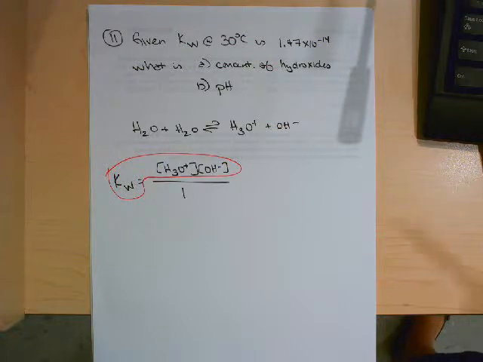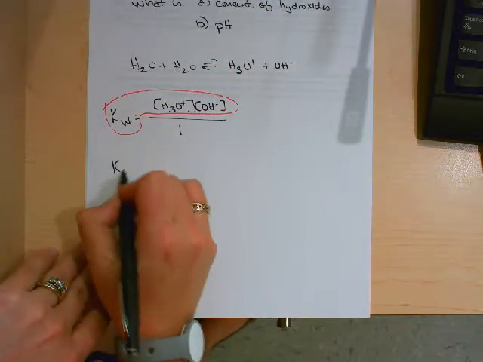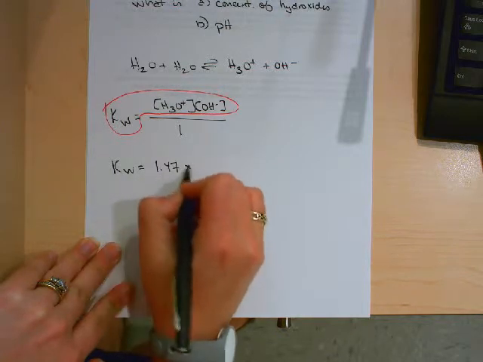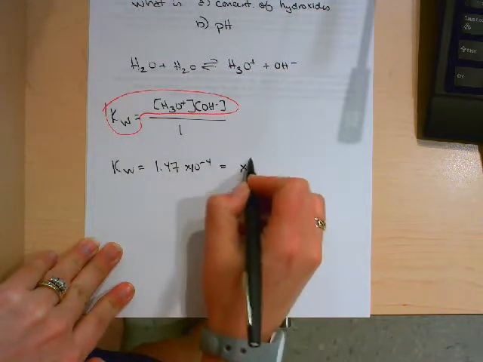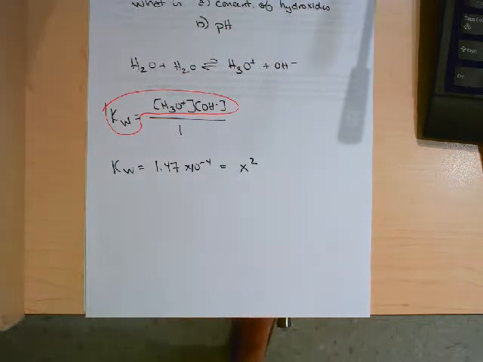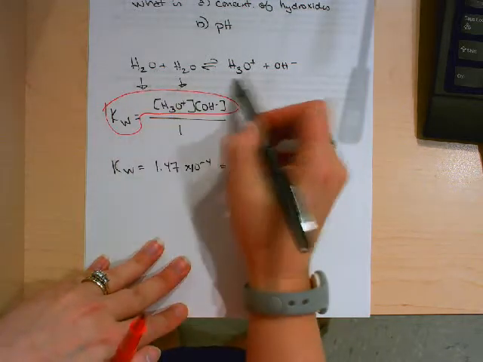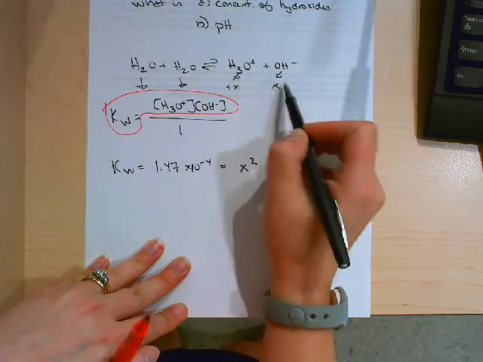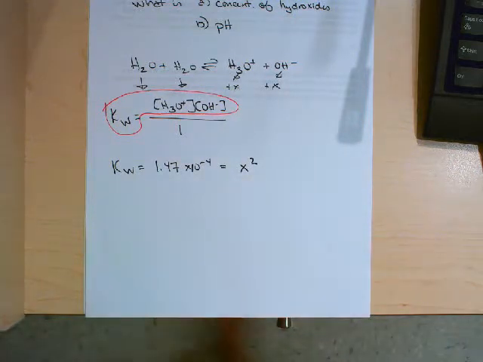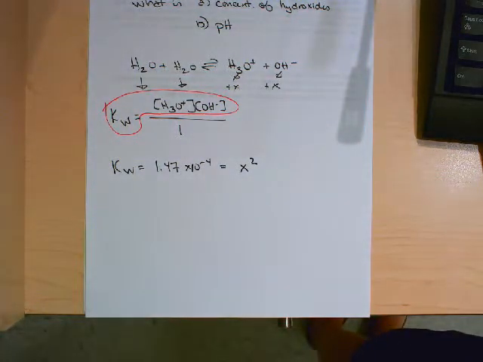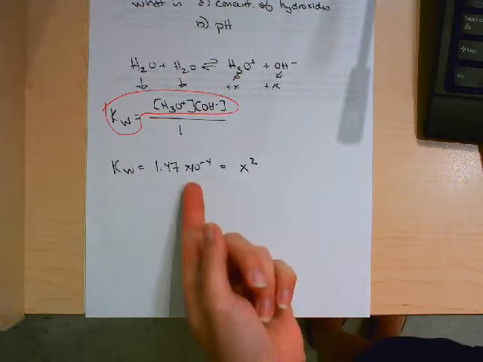So, if I know Kw, how do I find these concentrations? What letter should I put in their place? If I put it in the ICE chart, it would be 0, 0, plus X, plus X. So Kw is this value, equals X squared.